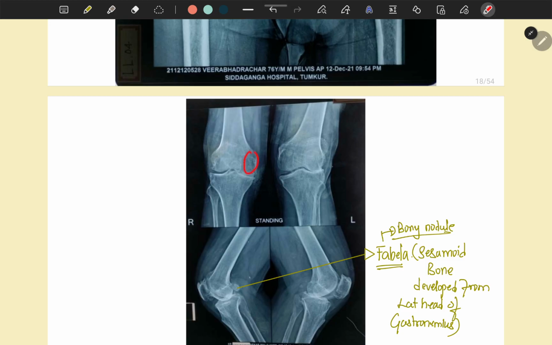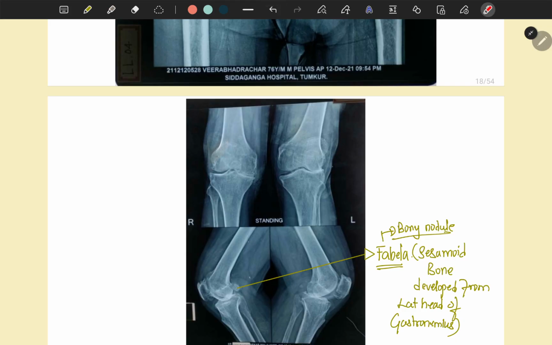Now coming to the femur, here the tibia is articulating. So this is the medial condyle, and this is the medial epicondyle of the femur, and this is the medial supracondylar ridge. Similarly here the lateral condyle, lateral epicondyle, and lateral supracondylar ridge.